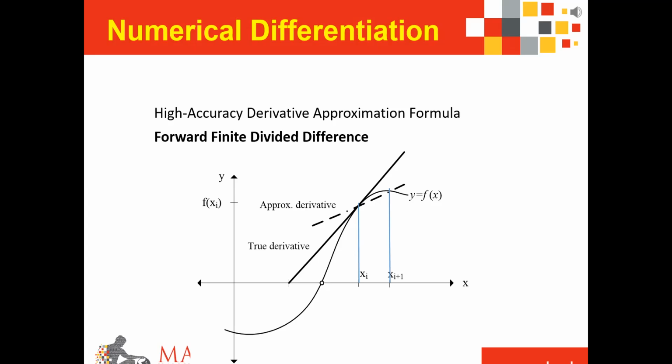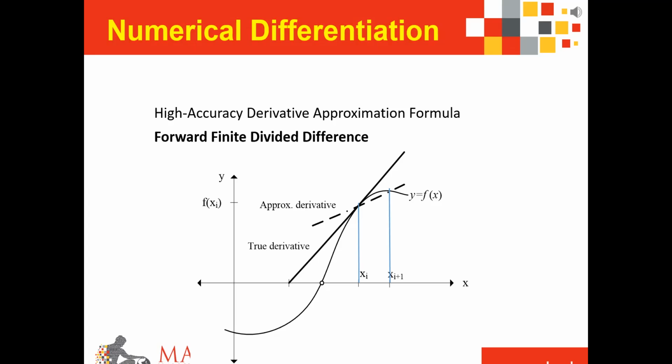Projecting that value of x to your function gives you f(xi plus 1), and then establishes a straight line that connects your f(xi) and f(xi plus 1). The slope of this straight line happens to be your approximate derivative value.